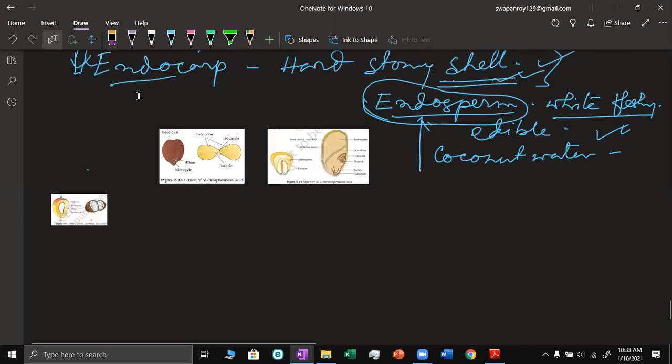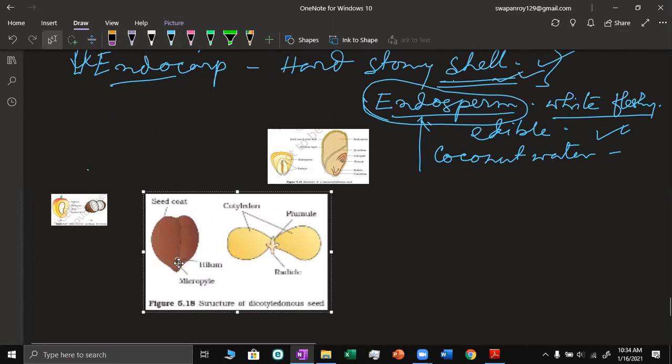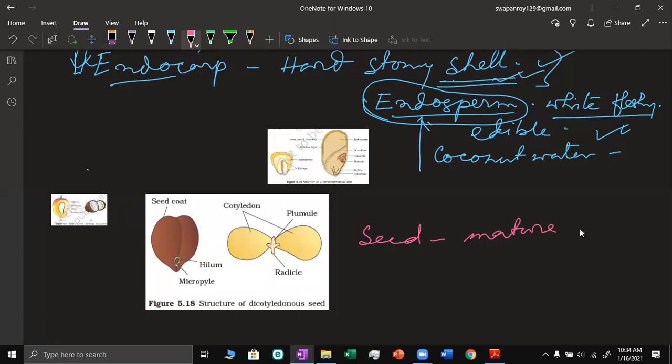Here is the seed. This is seed of gram. The seed is the mature ovule, is it?